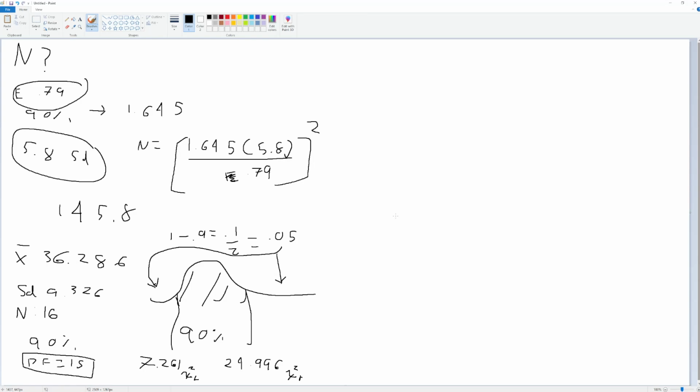Now the math formula is your degrees of freedom times s squared, divided by chi squared right, is less than standard deviation. I think that's what it's called.